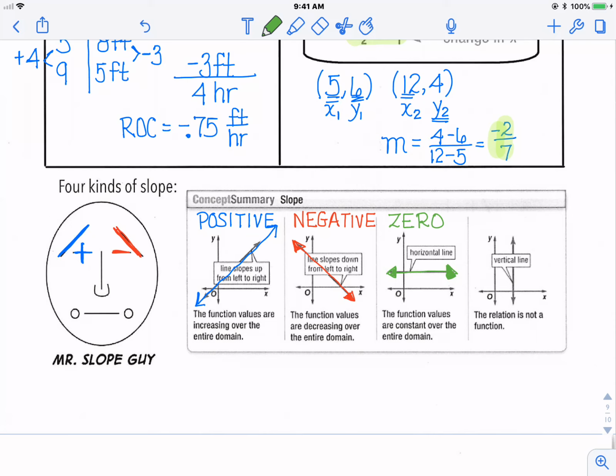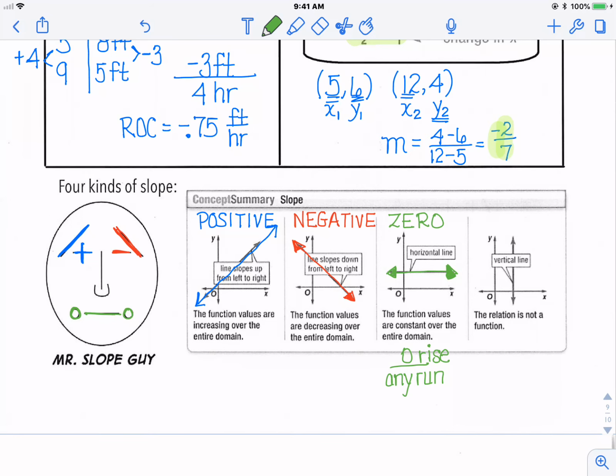So the calculation might be 0 over 6, 0 over 2. So if we did something with 0 slope, we would come up with 0 for rise over any run number, and 0 divided by any other number is still 0. So Slopeface guy over here, his mouth has zeros on either side of it.